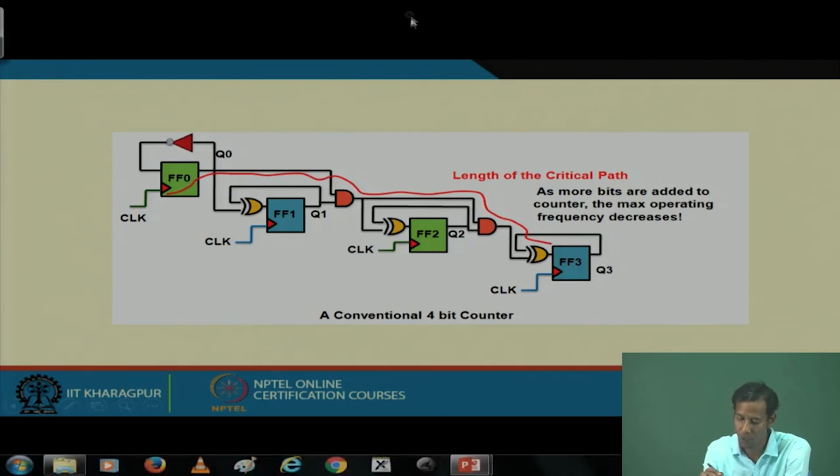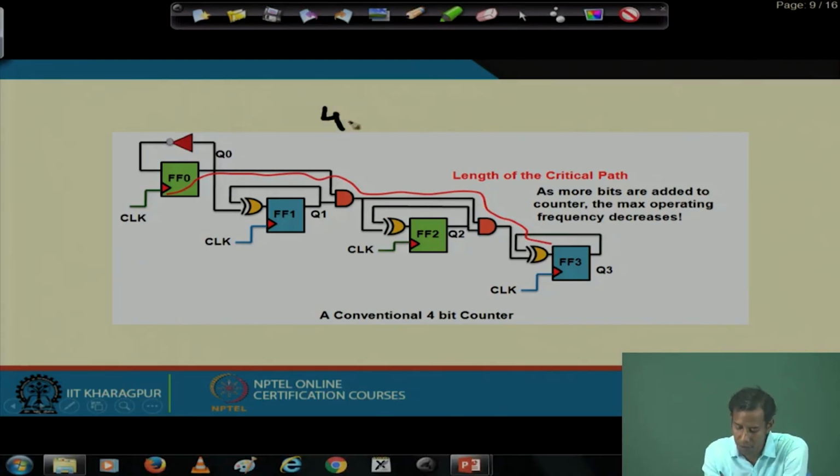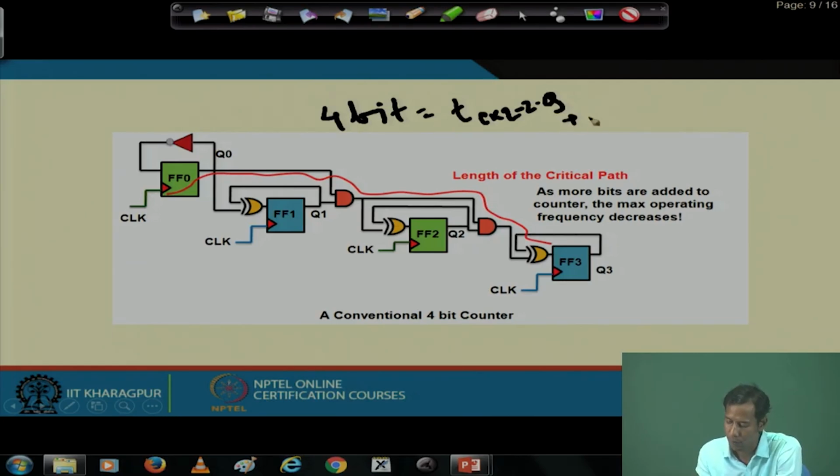That means for 4-bit the delay is T clock to Q plus 2 AND gate delays, 2T, plus 1 T XOR.